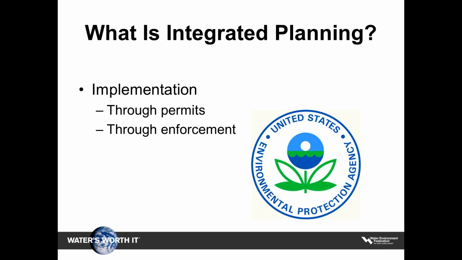But the agency is looking for communities that could proactively take advantage of integrated planning who are not in enforcement action, but could use permits or other mechanisms to demonstrate the value of integrated planning. So those are the basics, what the framework contains that EPA has given us.